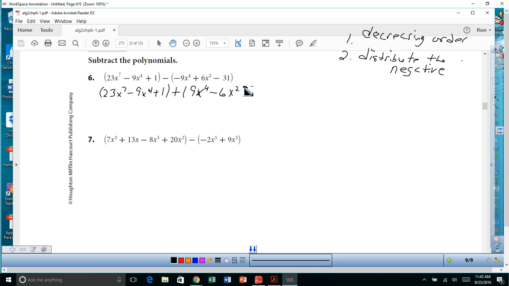And that's going to be plus 31. Okay, so first, make sure it's in decreasing order. Second, distribute the negative. Third, combine like terms.